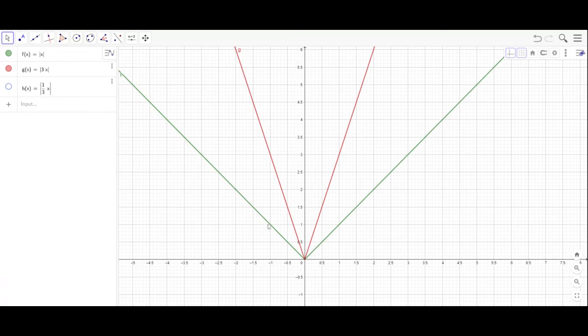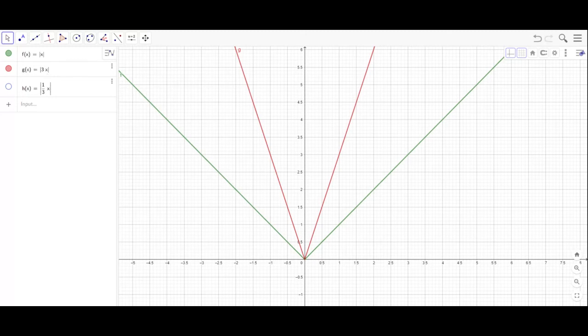So when the function grows faster for y, it's actually growing slower for x, because that means the x values are going to be a lot smaller by the time y climbs really high. Make sense? So at y equals 1 for the red one, x is 1/3. It got divided by 3 instead of multiplied by 3.